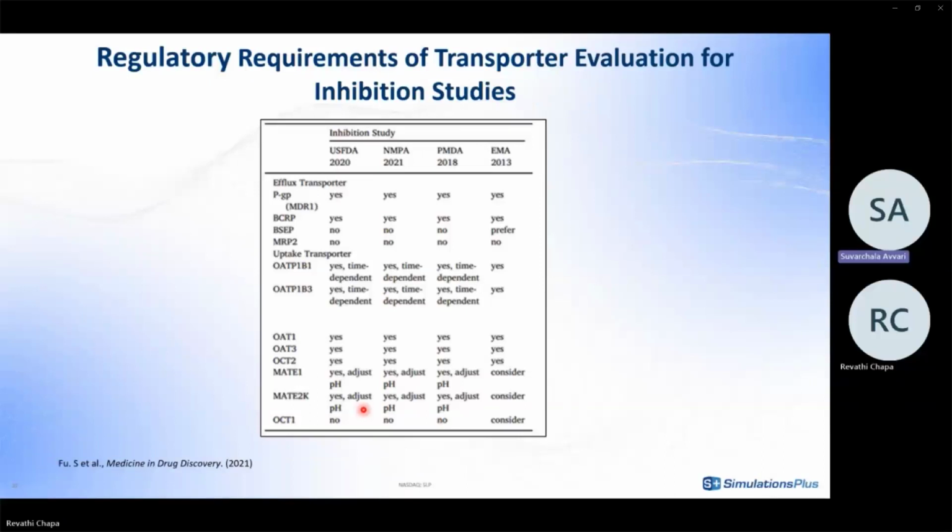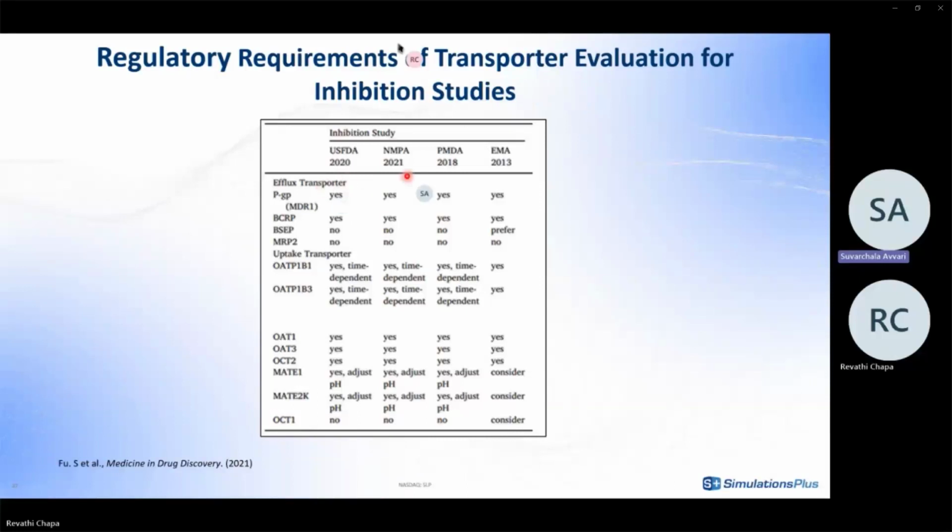Okay, thanks, Revathi. So in this slide, like earlier in the slides, we have seen that FDA provided some guidance to the sponsor, especially in the early developmental phase, on whether the sponsor should consider evaluating the DDI for certain transporters.